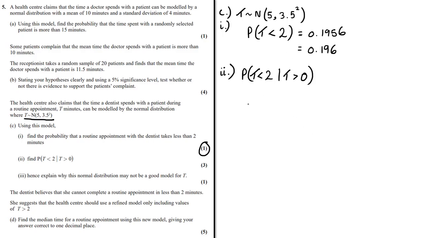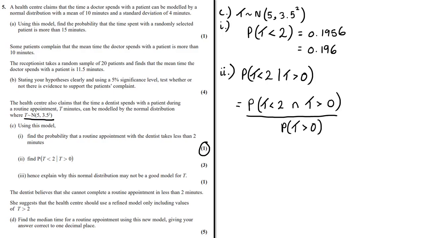In this case then, this is going to be the probability of T being less than 2, and so intersection T being greater than 0. And that'll be all over the probability of what we're conditioning on here. So that's the probability that t is greater than 0. Okay.